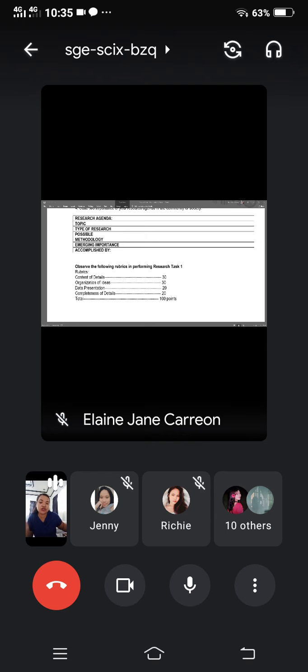Isasend ko sa GC nyo yung mga groupings. Isasend ko rin kung gusto niyo yung PowerPoint presentation. Although nakasulat yan sa inyong module. Huwag nyo munang ipasa yung module ninyo kasi good for 2 weeks yan.